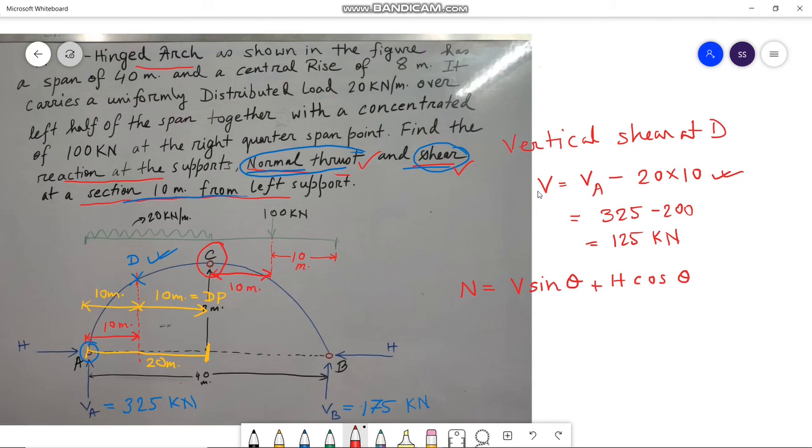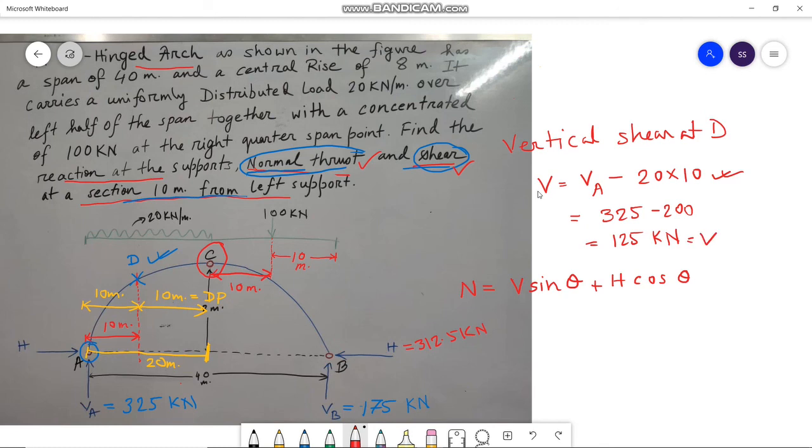We have already got the value of H from the calculation, that H equals to 312.5 kilonewton, and we have V equals to 125.